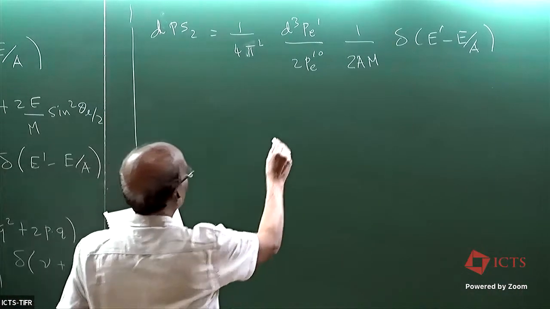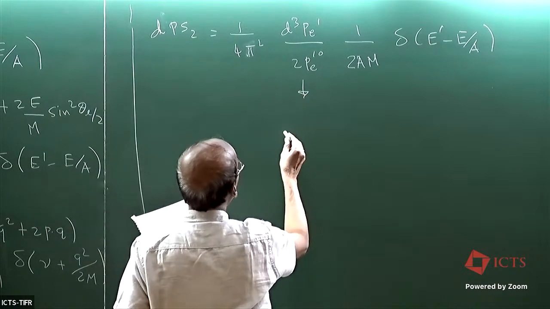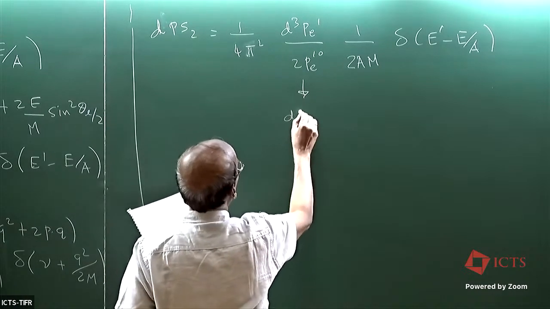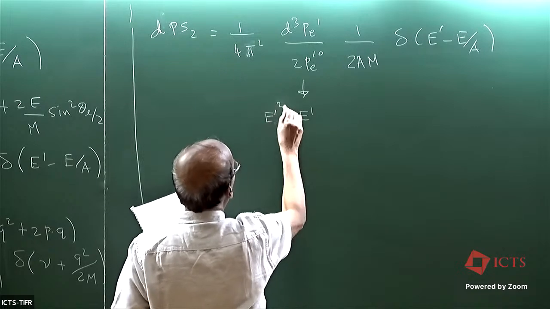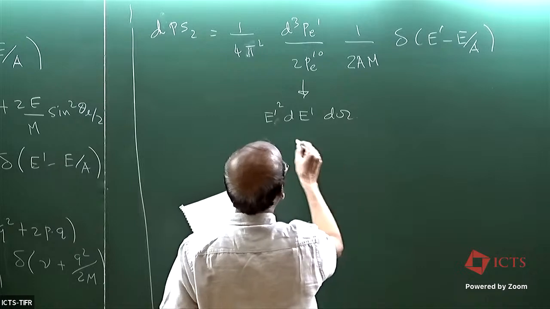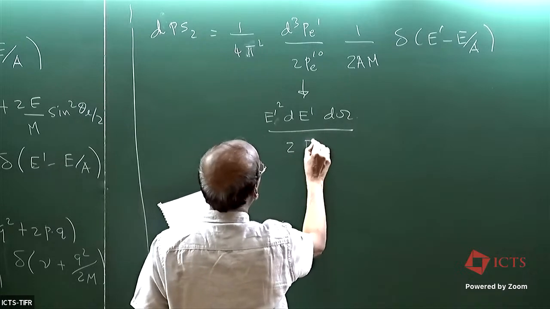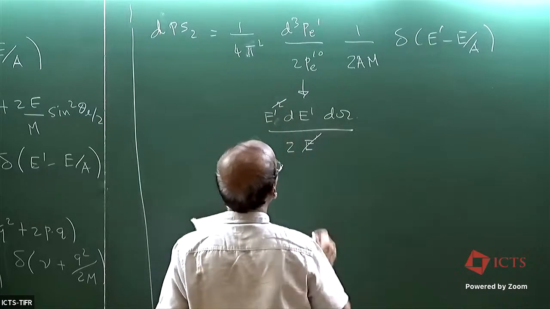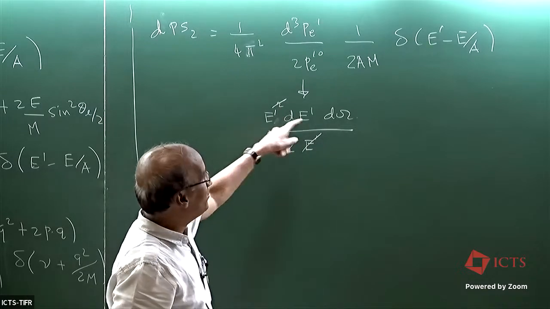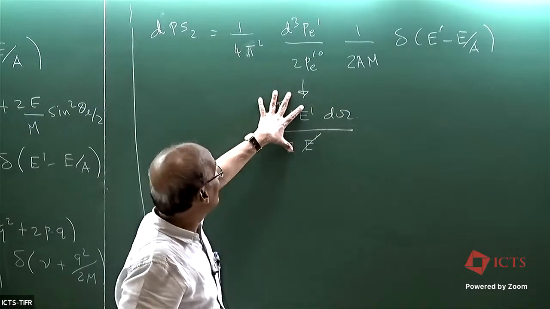And this one I can also simplify further and write it as E prime square dE prime d omega divided by 2E prime. So this just goes away, and it is just E prime by 2 dE prime d omega. This part is also very simple.